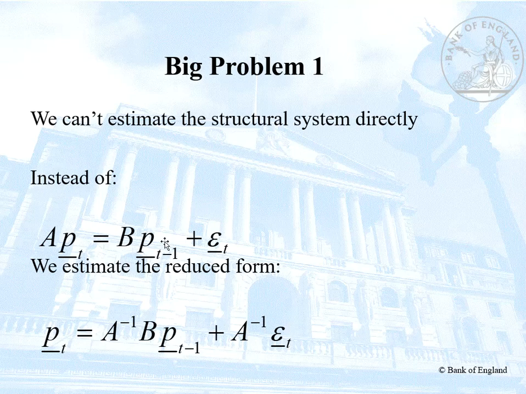If you want to know more about endogeneity issues, you can refer to other slides. But here, if you estimate that, the estimation has a bias. So you need to move the A matrix to the right hand side. In this way, you can make an accurate estimation of all the coefficients in this equation.